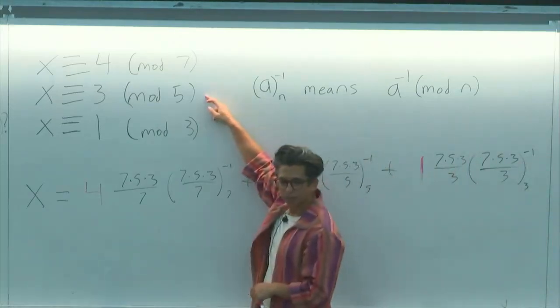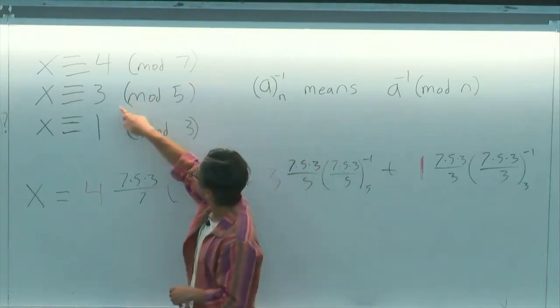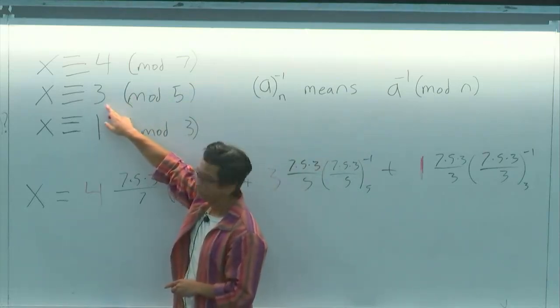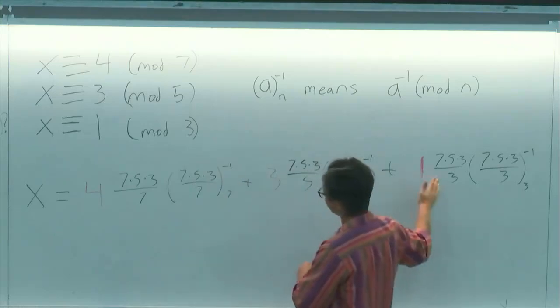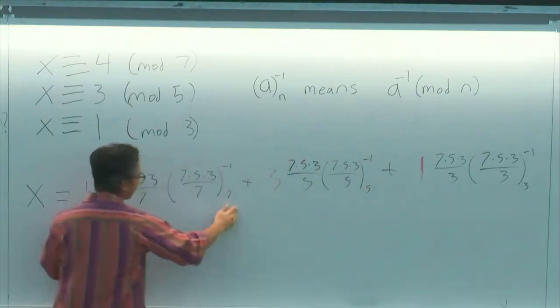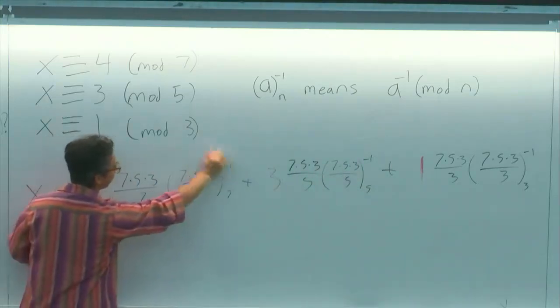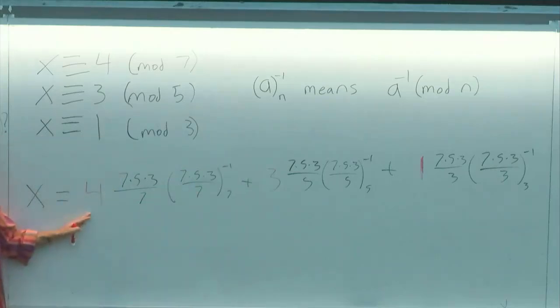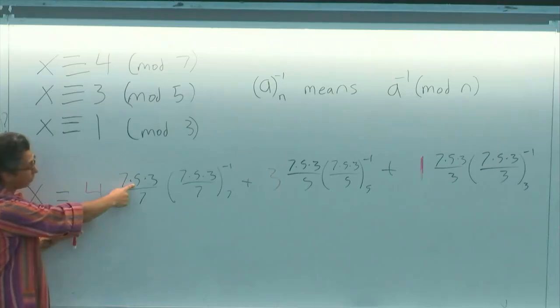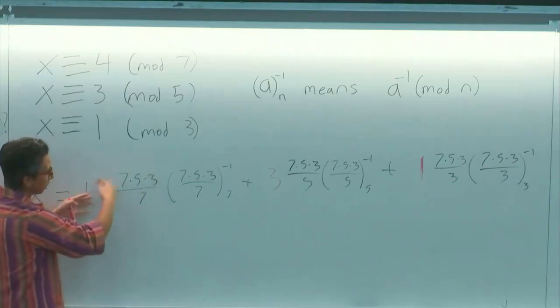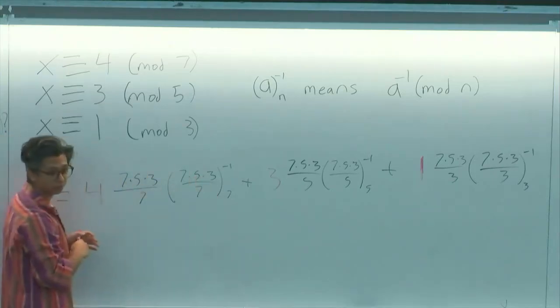Let's look at the middle one. Let's say when we do mod 5, we get 3. So let's look at this equation, mod 5. What happens to this term, mod 5? 0. 5's right there. If we mod 5, this 5 becomes 0 and cancels out this entire term.